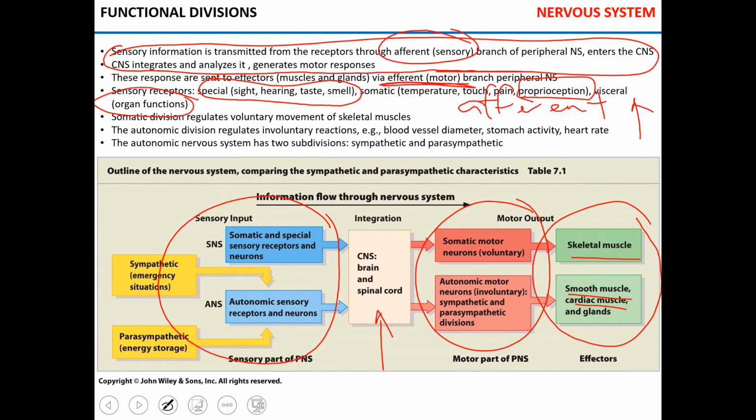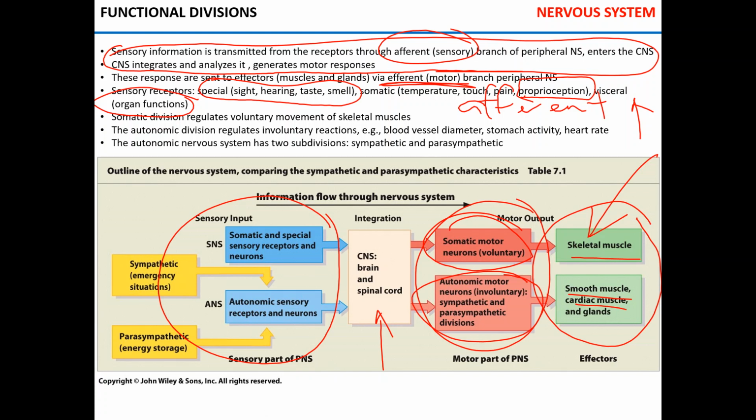Now, if you look at the motor output, there are two branches here, somatic output and autonomic output. The somatic branch of the motor part of the peripheral nervous system delivers the signals to the skeletal muscles. So it's voluntary movements of skeletal muscles.